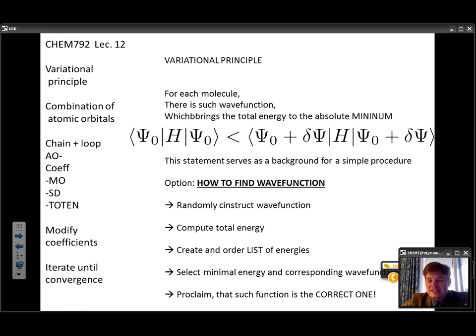And then we order this list according to ascending or descending energies, and select the record that corresponds to minimal energy. Then this minimal energy will be the actual total energy of the system, and this wave function, which can be obtained just randomly, will more or less correspond to the actual wave function of the system. We are not going to do it. It is just an example of what one could do.